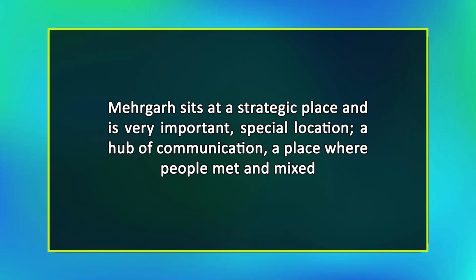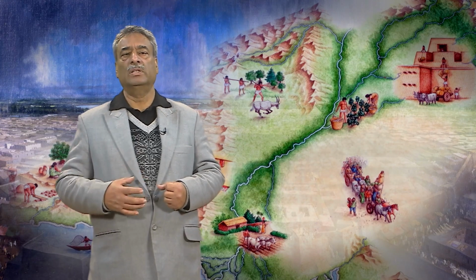Mehrgarh sits at a strategic place and has a very important, special location, a hub of communication, a place where people met and mixed. The richness of material evidence from Mehrgarh is perfectly in tune with its situational importance.